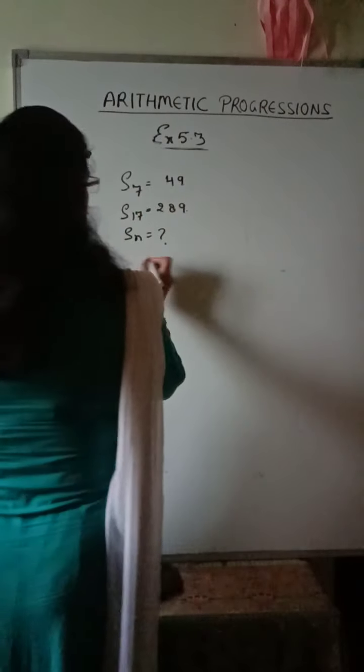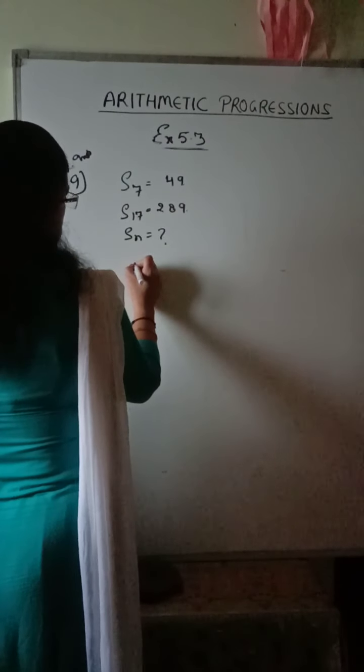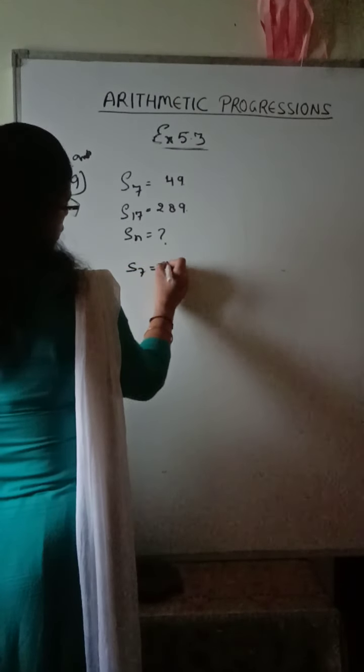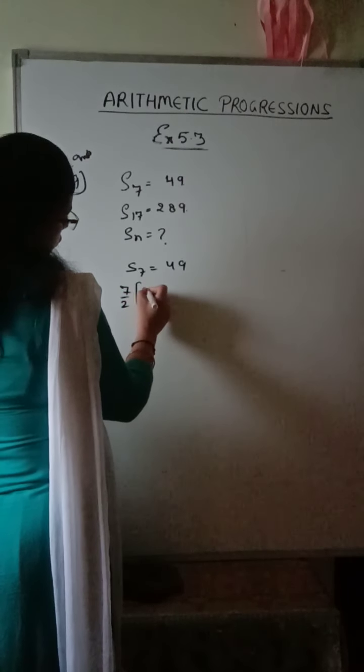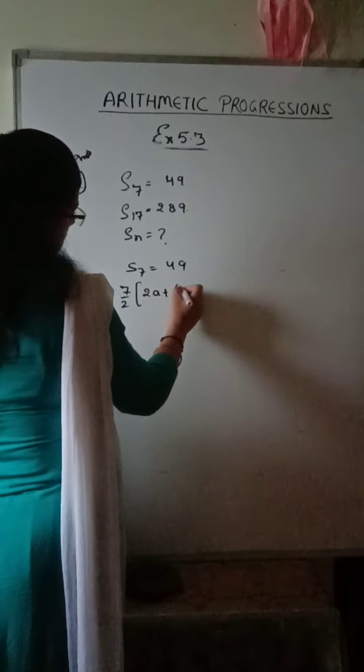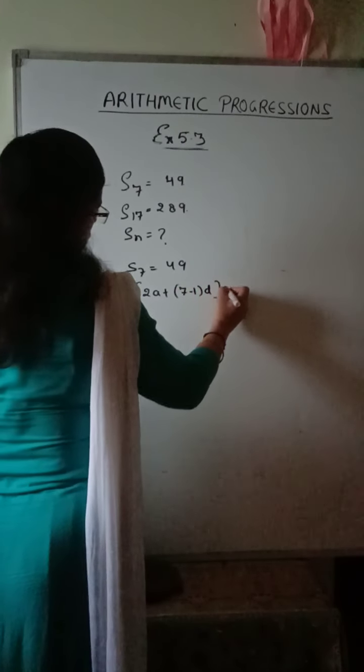Sum of 7 terms. So S7 is equals to 49. Sum of 7 terms, n by 2, 2a plus n minus 1 into d equals to 49.